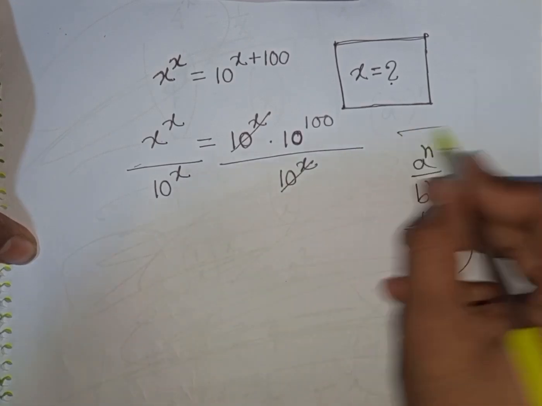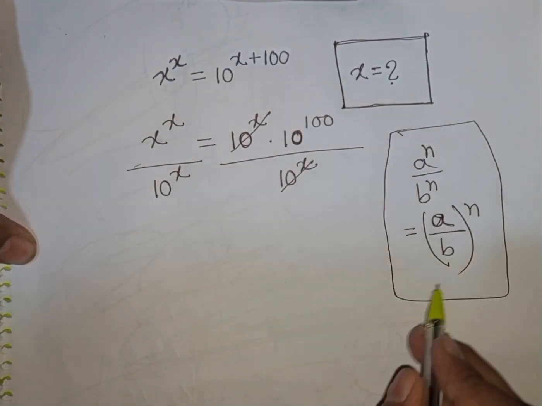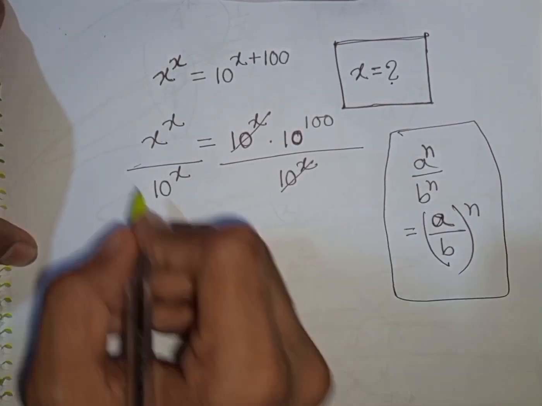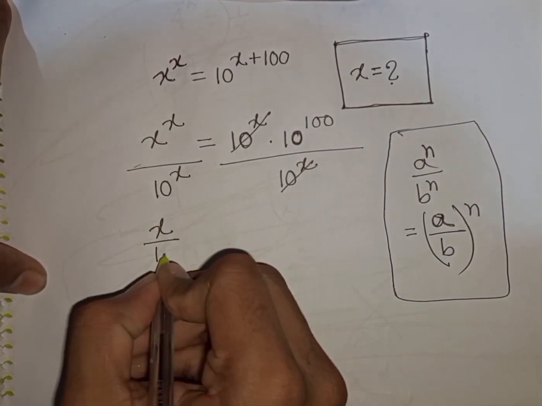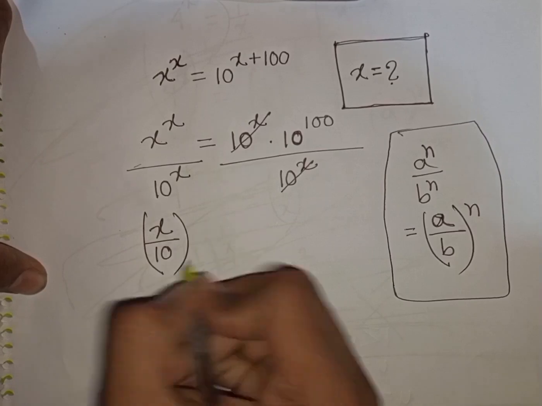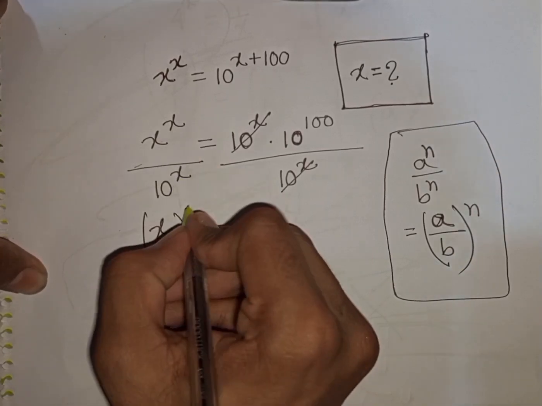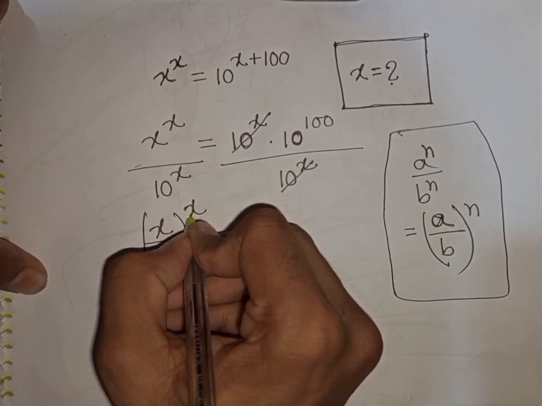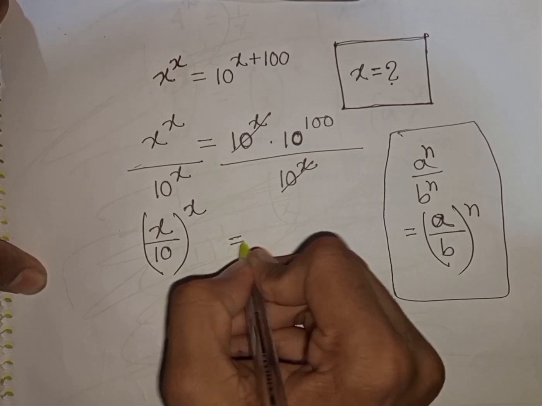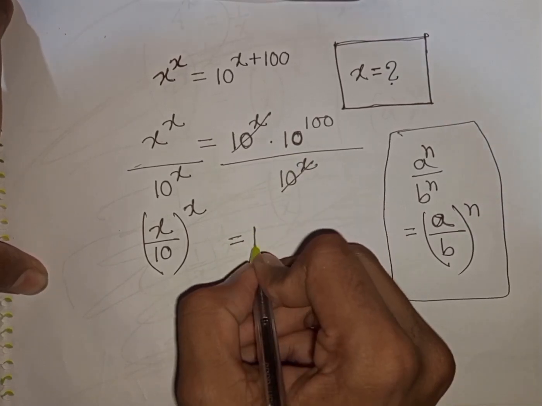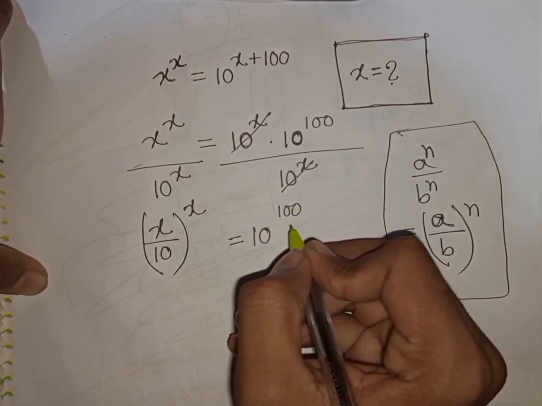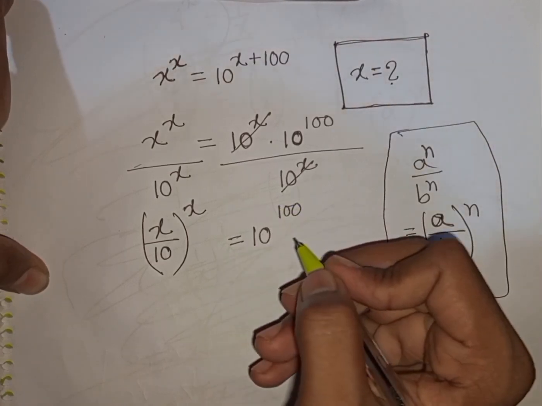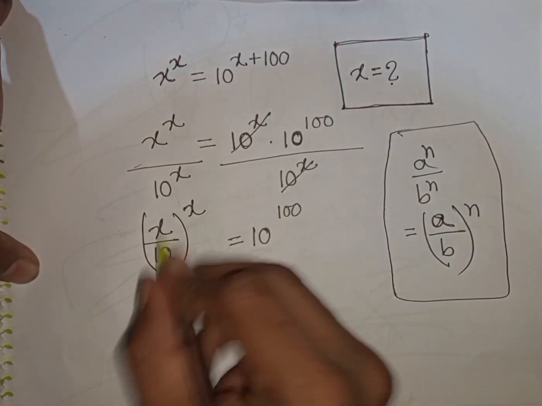So according to this rule, we can write here x over 10, then bracket common power x, is equal to 10 power of 100.